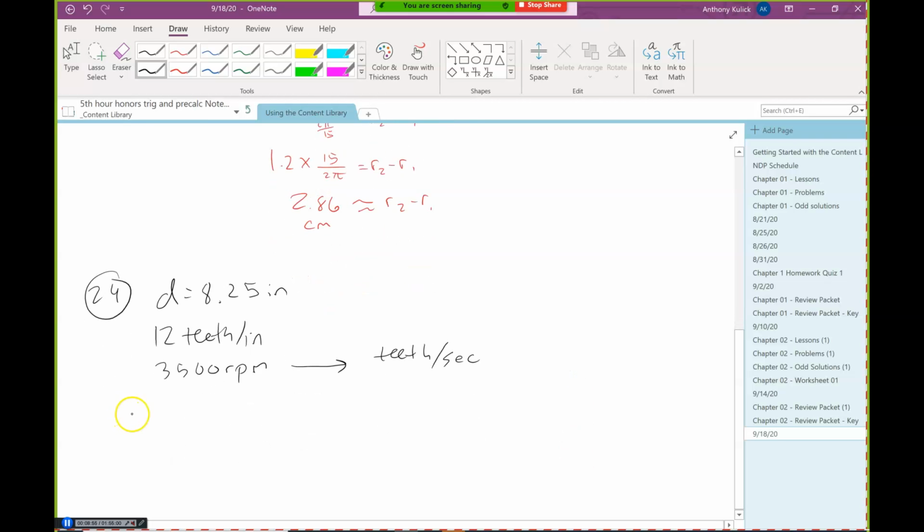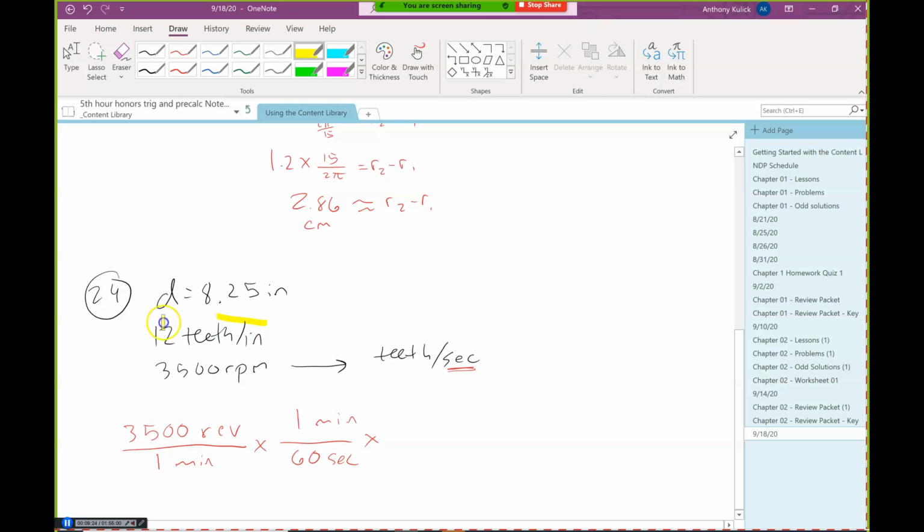So I'm just going to treat this kind of like a unit conversions problem. So I have 3,500 revolutions over 1 minute. I'll start by just converting minutes into seconds. So I know 1 minute is 60 seconds. And now I eventually have to convert revolutions into teeth, right?